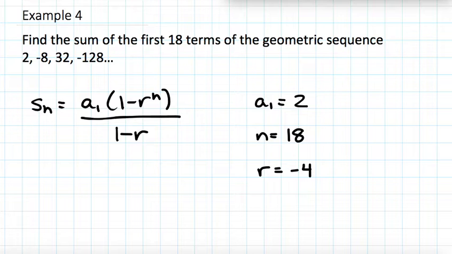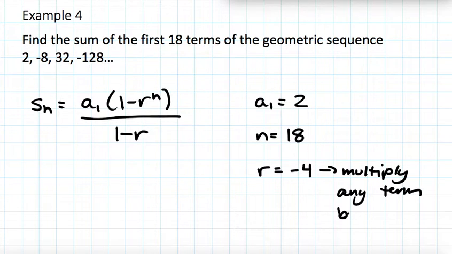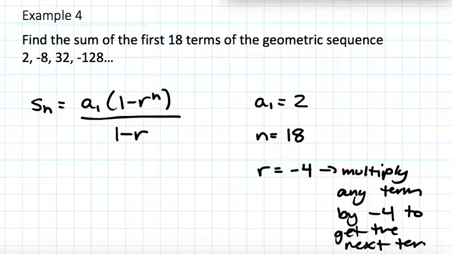Negative 8 times what equals positive 32, that's also negative 4. So I multiply any term by negative 4 to get the next term. So r is negative 4.